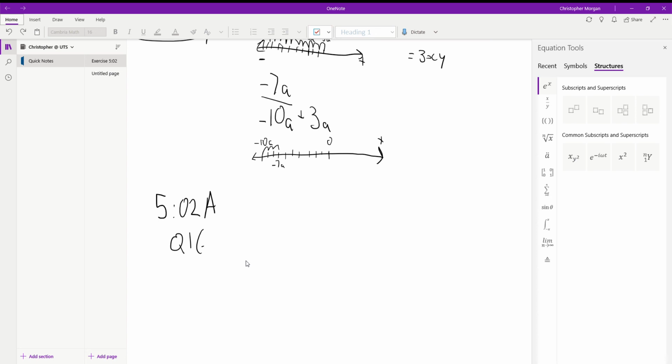We can say every other one. That means every second question. So A, C, E, G, I, K, and so on. I want you to do all of question 2 because it's quite handy to do. And then we're also going to do questions 3 to 6, and that's every other one.